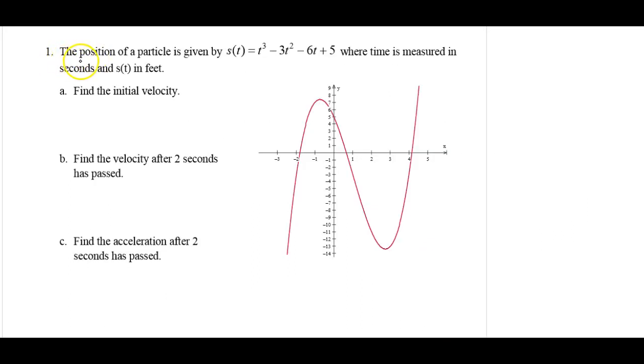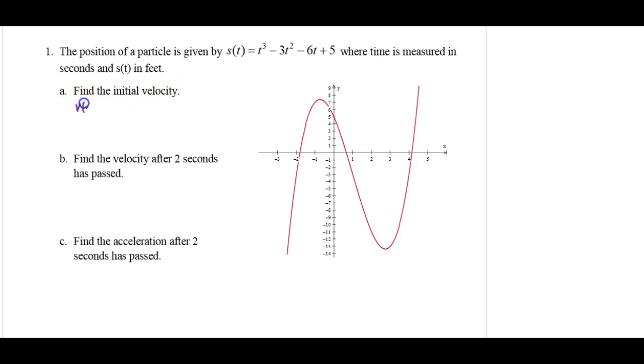Alright, in this first example, we have the position of a particle is given by s of t equals t cubed minus 3t squared minus 6t plus 5, where time is measured in seconds and s of t is measured in feet. In part A, we're asked to find the initial velocity. So again, initial is a keyword meaning that time is 0. So in other words, find the velocity when time equals 0.